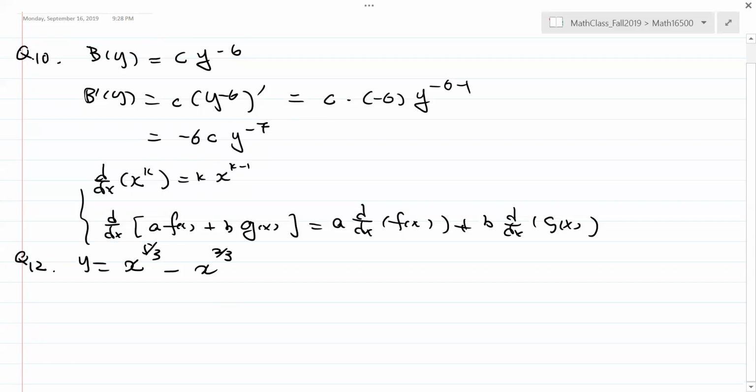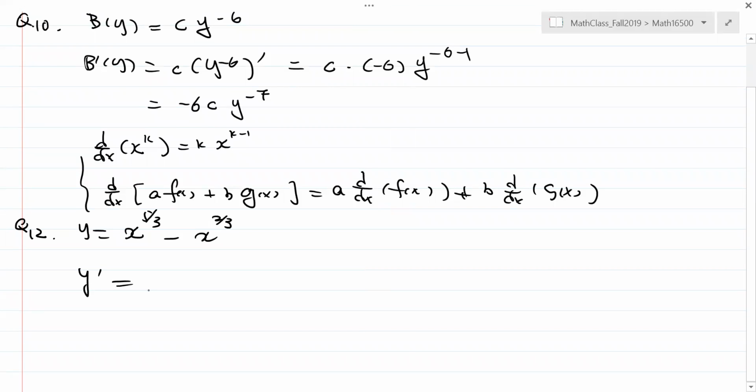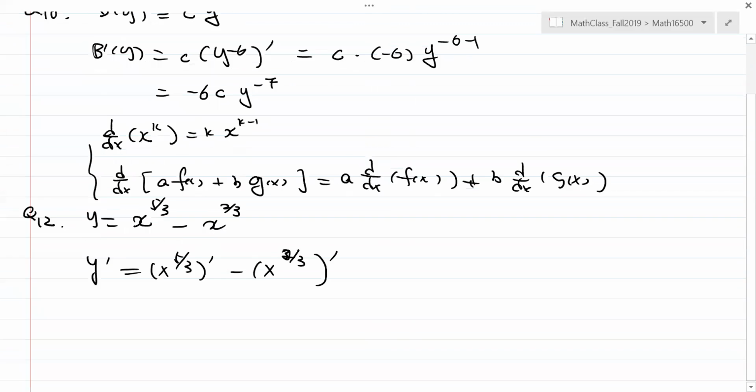So if you want to find the derivative, you have to find the derivative of each term, right? No choice. Just apply the above linearity formula. Just differentiate each term. If it's a sum or subtraction, just differentiate term by term and keep the same relationship. And then you apply the above formula.